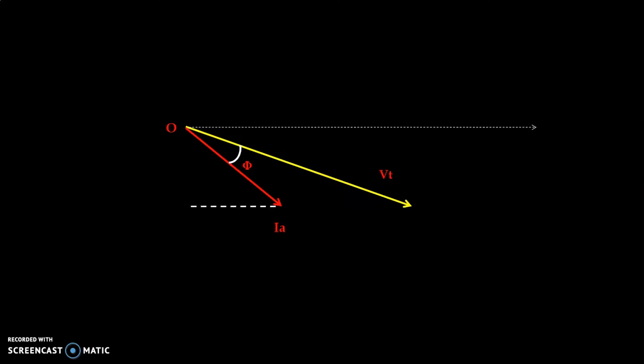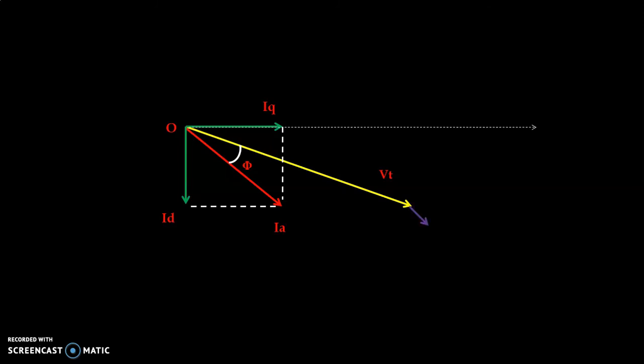Now armature current can be resolved into two components. One is a direct axis component, and that is ID, and one is a quadrature axis component, and that is IQ. Now direct axis component, that is perpendicular to the no load EMF, and IQ, that is quadrature axis component, that is along our no load EMF.